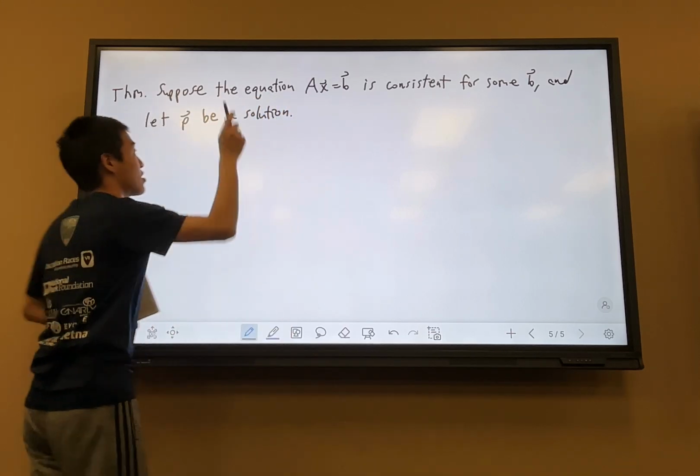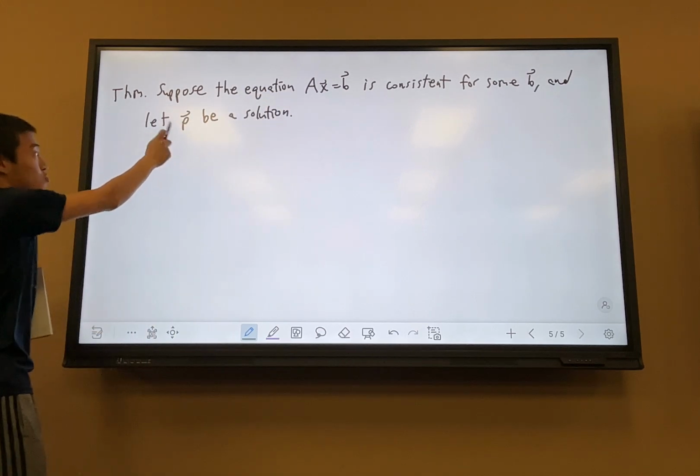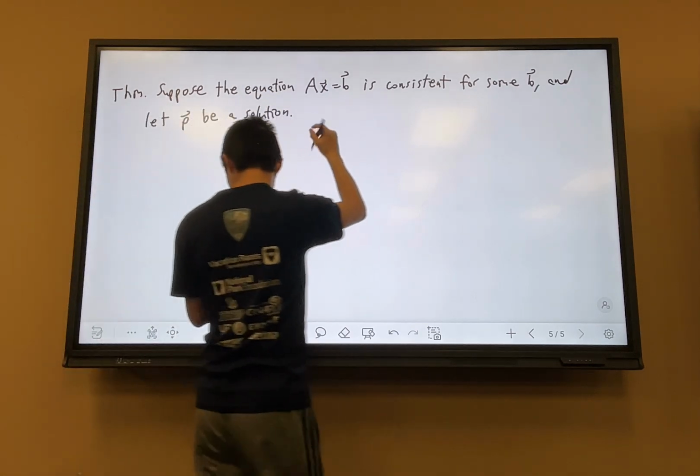Okay, so our system is consistent, which means that there has to exist a solution. We'll call one of those P, for example.